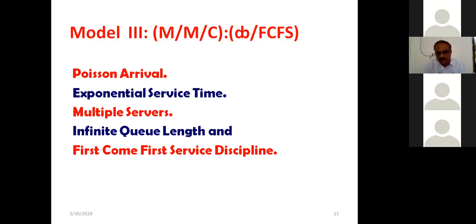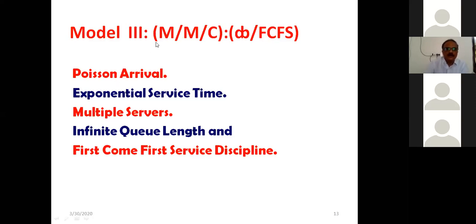But models number 3 and 4 fall into the category of multi-channel, multi-server models. Now in this case, let us analyze the significance of this M/M/C/infinity/FCFS.